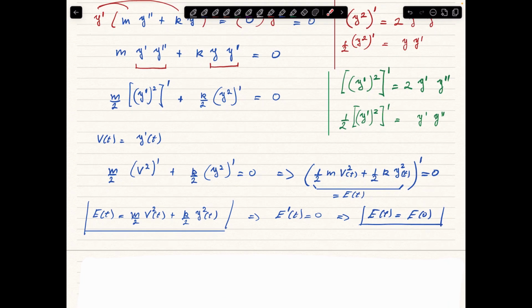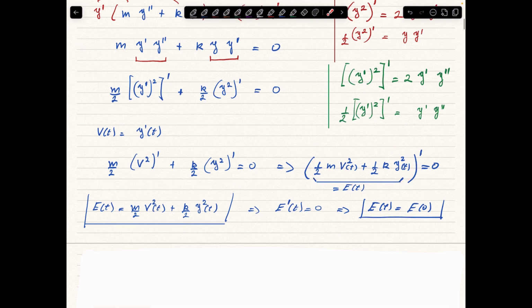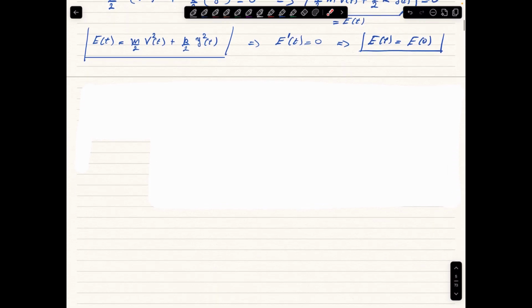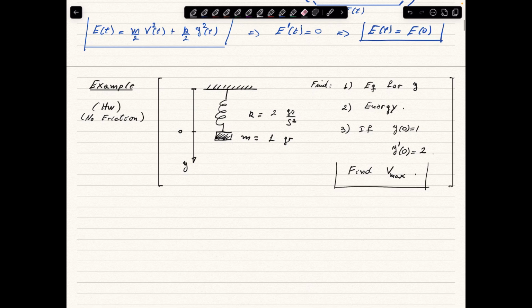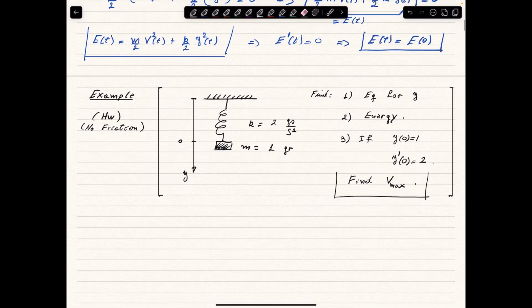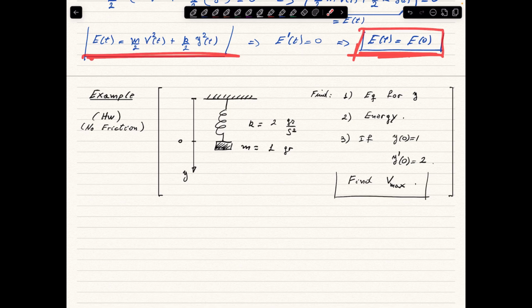Because we discover a quantity that no matter how the spring is moving, is always constant. So even if we don't know how to solve the differential equation for the displacement, we can always use this conservation to get information from the system, because this equation is always satisfied by this function.